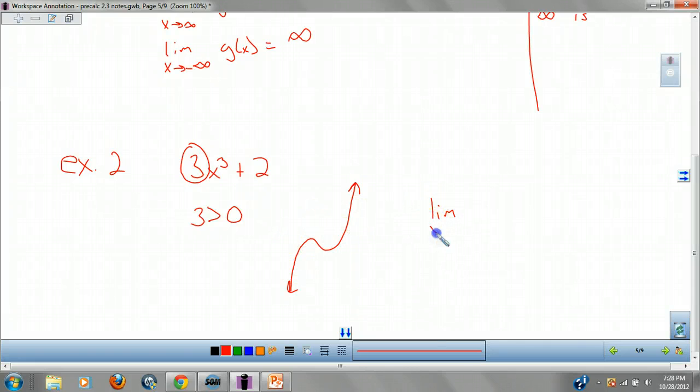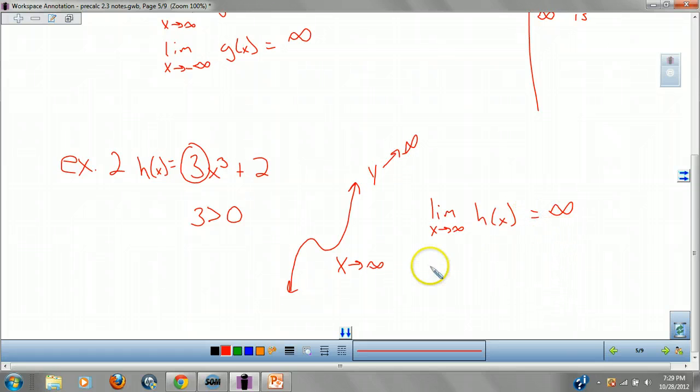So my limit as x approaches infinity of h of x: as x approaches infinity, what's going to happen to my y? It also goes to infinity. Now my limit as x approaches negative infinity of h of x: what happens as x goes to negative infinity? Well, my y keeps going down and down to negative infinity.